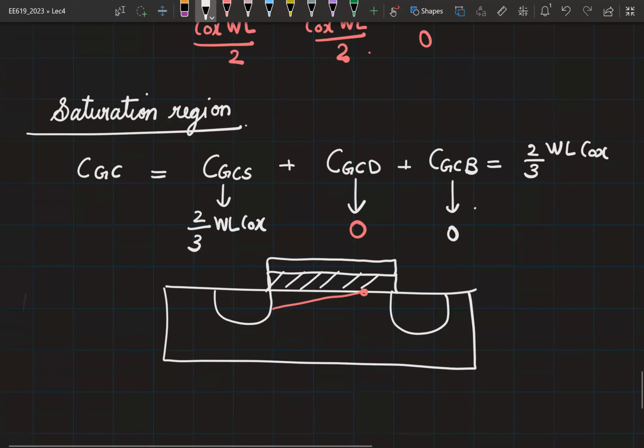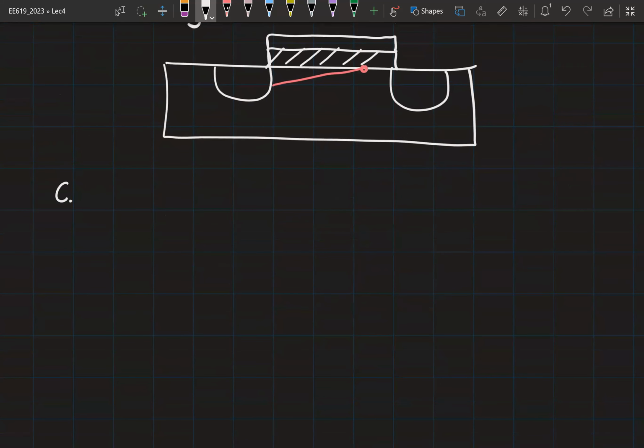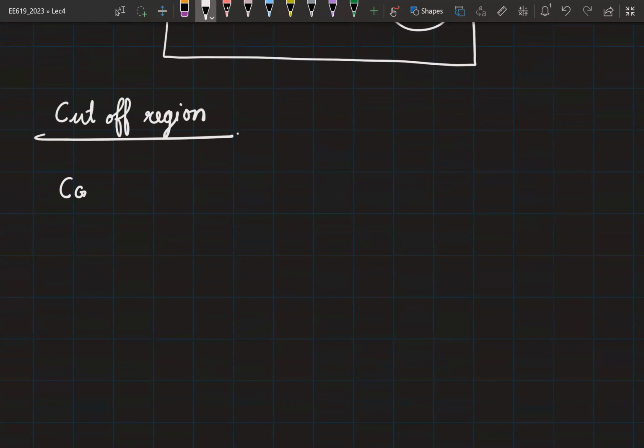And finally, under cutoff region, again, CGC is equal to the source component CGCS plus CGCD plus CGCB.